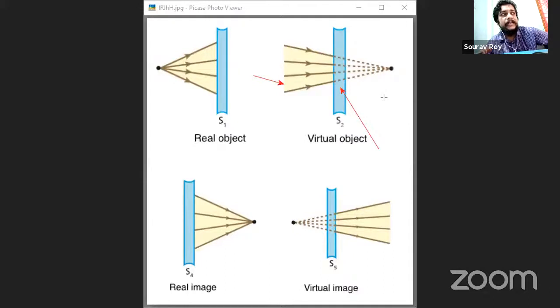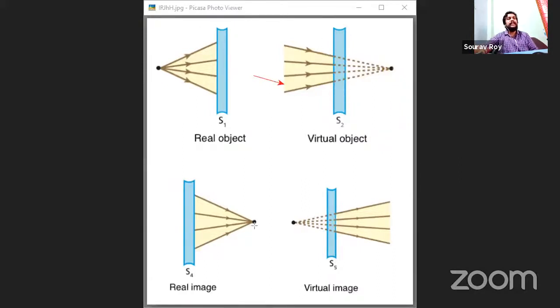Now, if they would have passed, then there would be a chance for them to meet here. So this is what I can call the virtual object. In reality, I can't say this really exists, but the incident rays were about to meet at that point, and that's what I will call a virtual object.